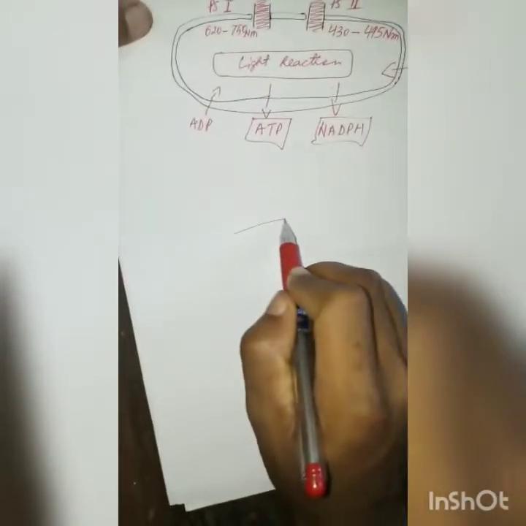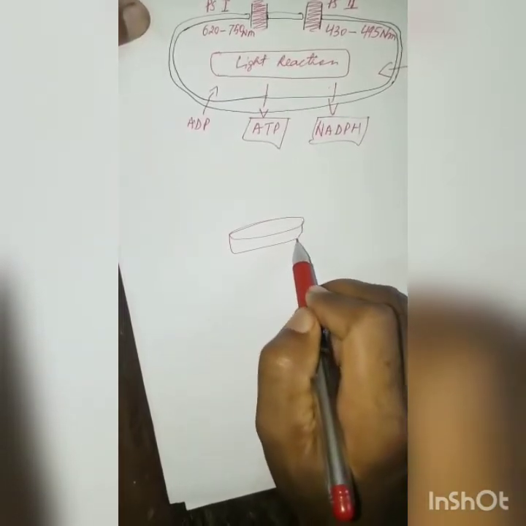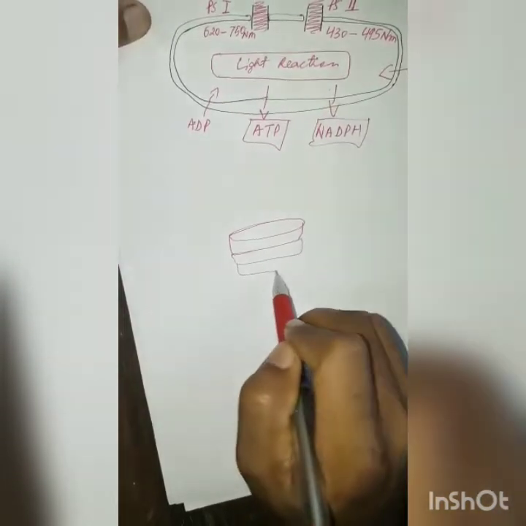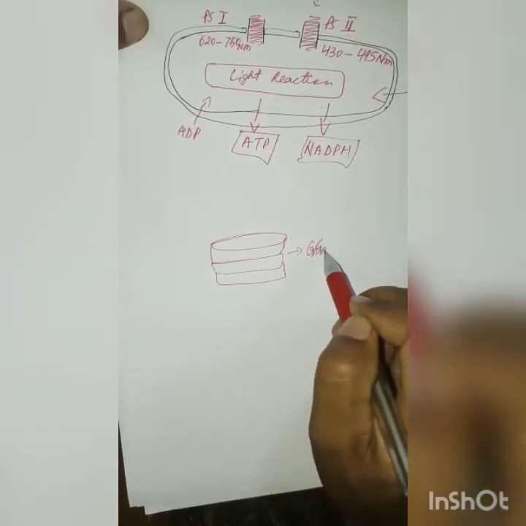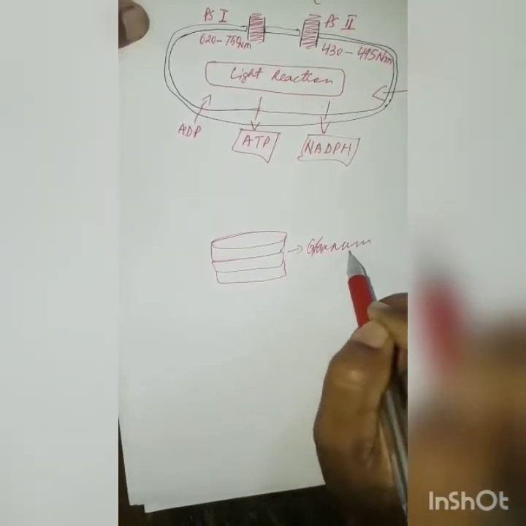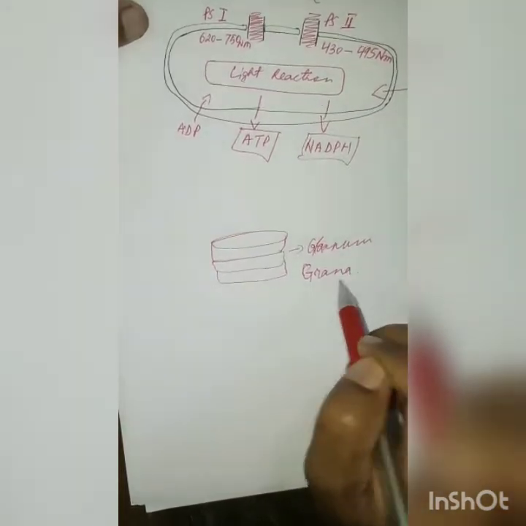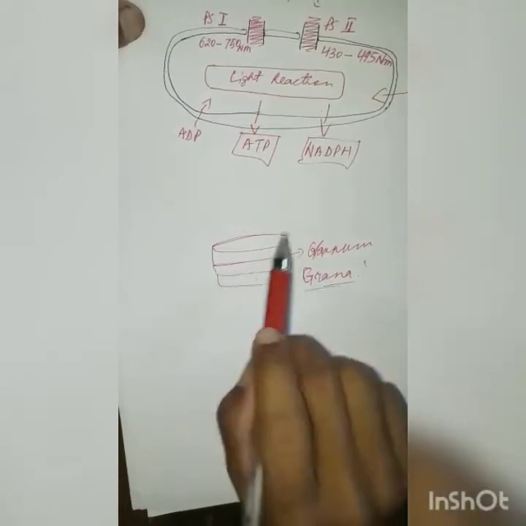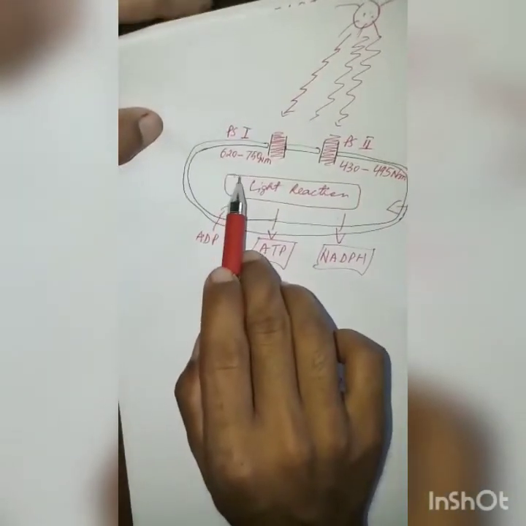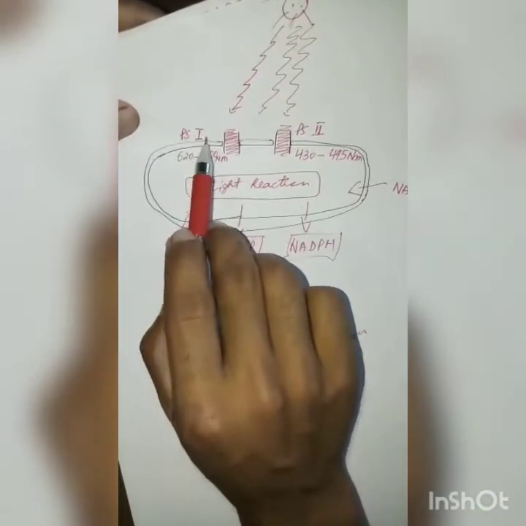If you happen to study it, you will see a coin-like structure being stacked up. This is known as the granum; the plural is grana. Now if you take out one coin and magnify it, this is what you get. This is the PS1 and the PS2.